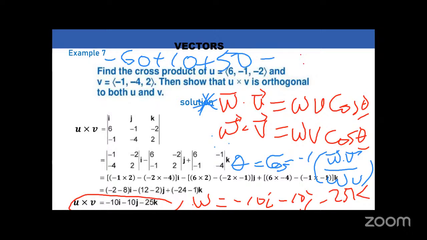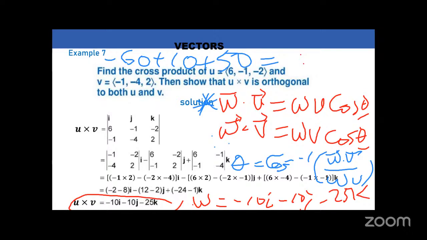So this will give us what? Minus 60 plus minus 60 plus 10 will give us what?